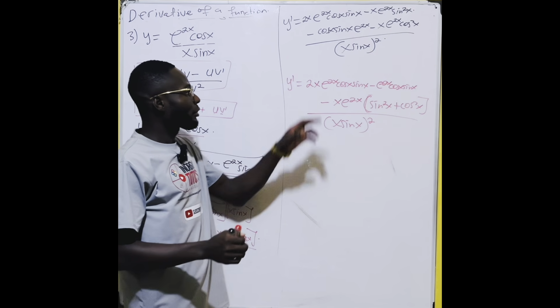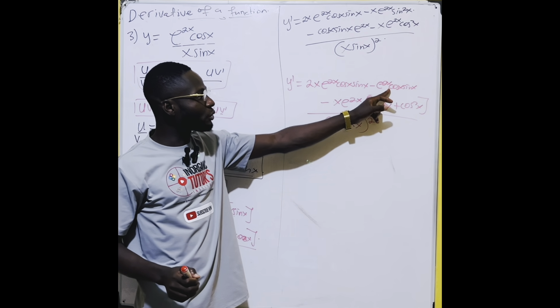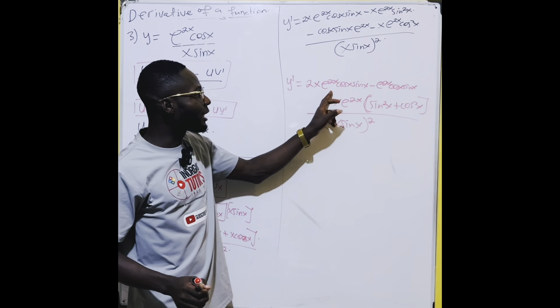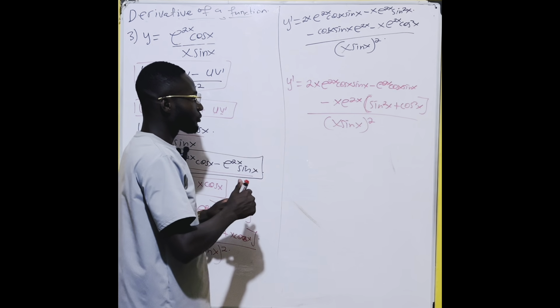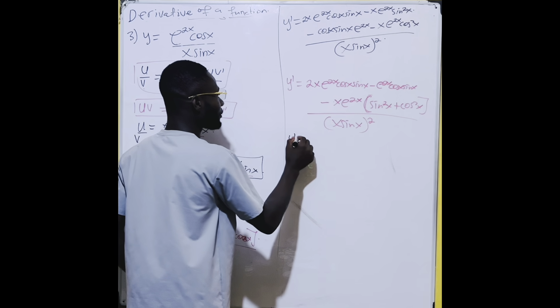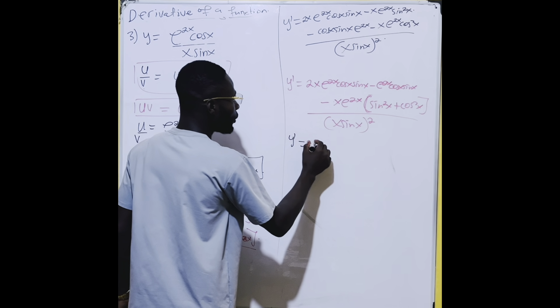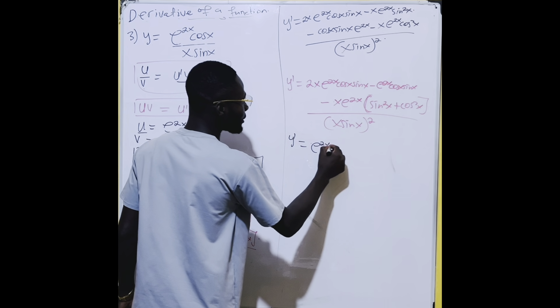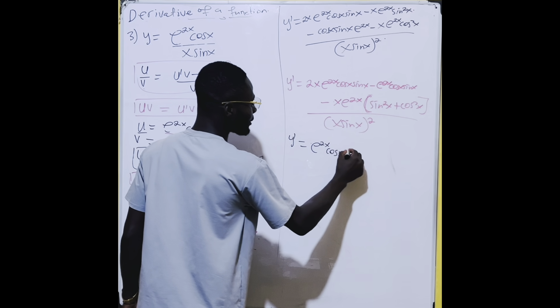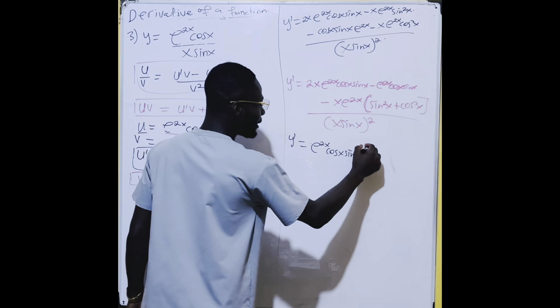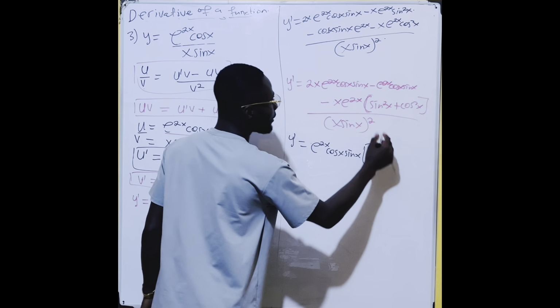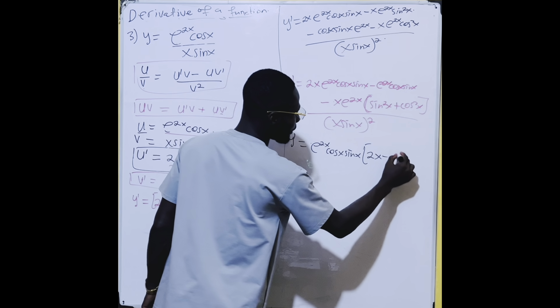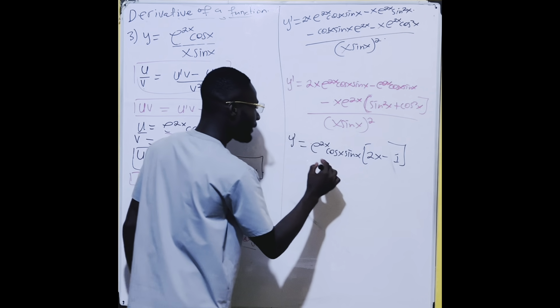So this and this also have e to the 2x cos x sine x in common, right? So we bring that out, e to the 2x cos x sine x out, into 2x minus 1, right?